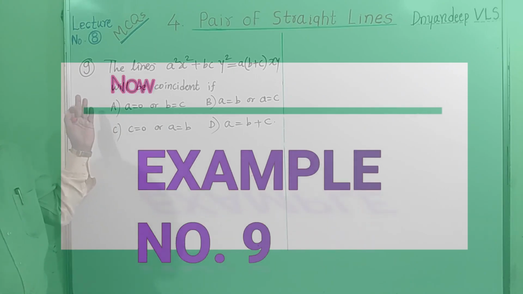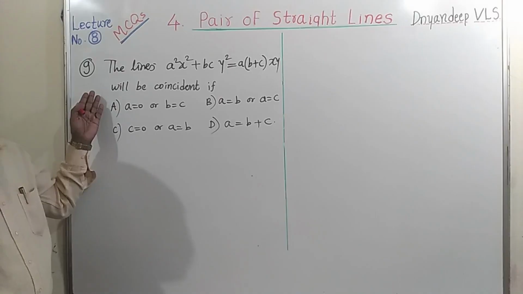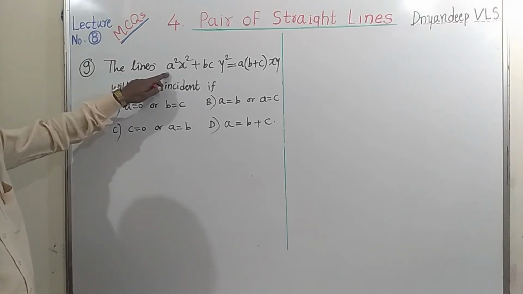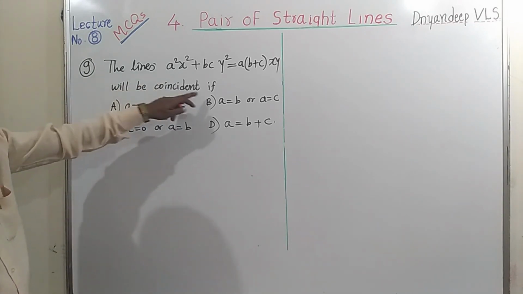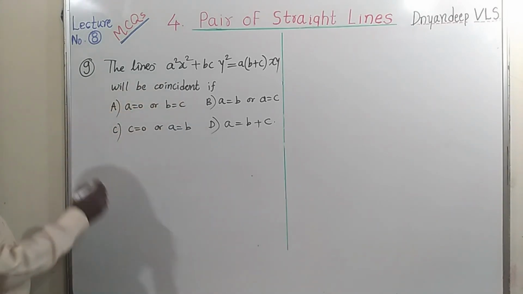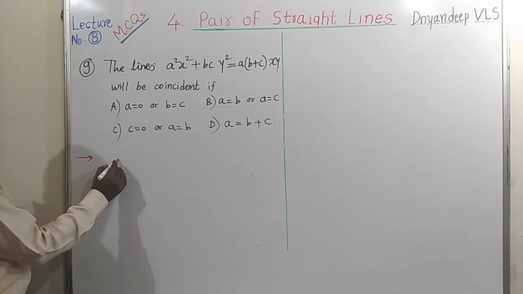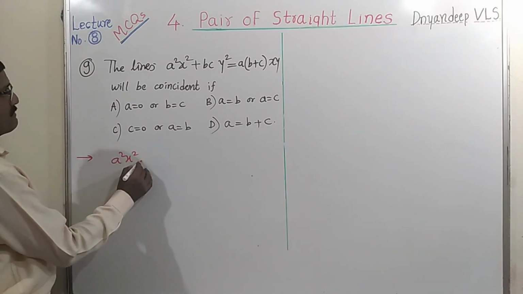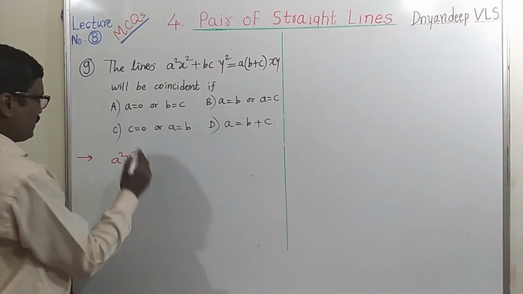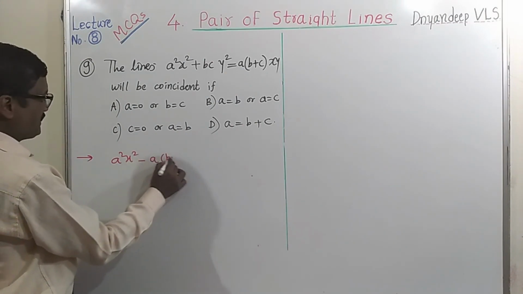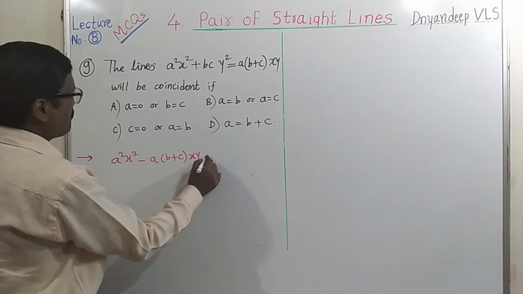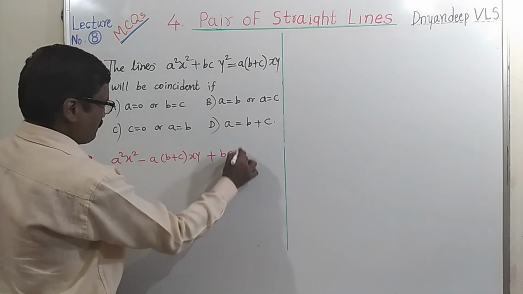Now see example number 9. The lines given by will be coincident if these four options. Let us write the equation of the lines as a square x square minus, take that term to the left, that is a into b plus c xy plus bc y square.